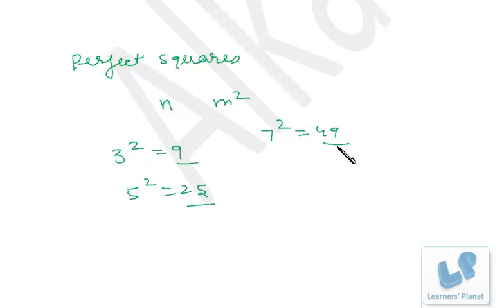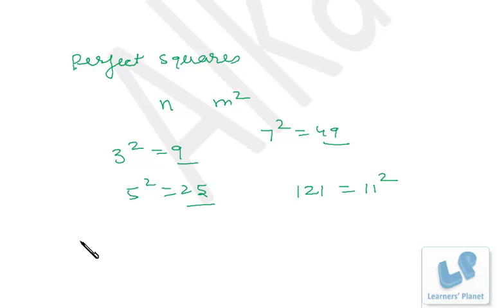So a natural number which can be written as the square of another natural number will be a perfect square. Similarly, 121 is 11 square, so 121 can be written as the square of some other natural number. So we call them perfect square numbers.